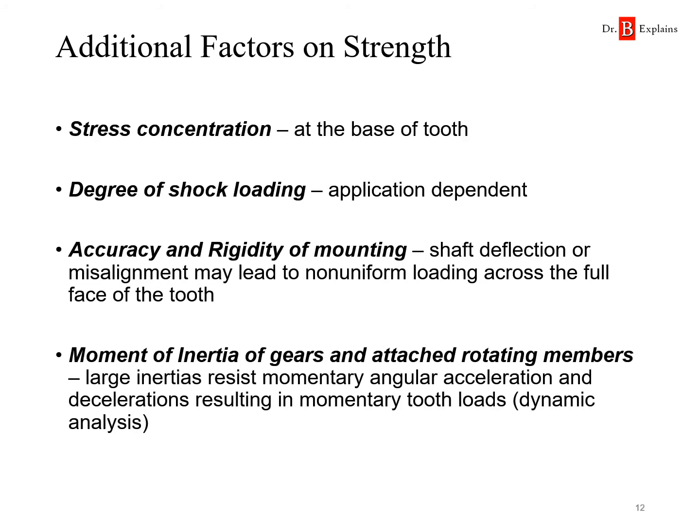Next is stress concentration at the base of the tooth. Remember, the tooth profile looks something like this, and we forgot to account for the stress concentration from that fillet radius. We'll show you how to do that in the next couple of slides.